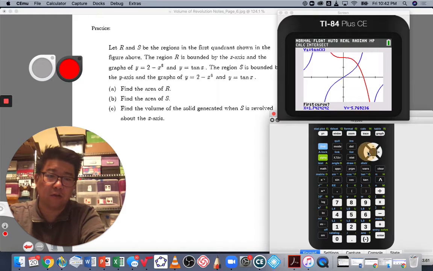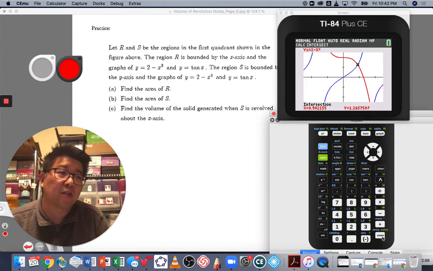If you just hit enter, pick the second graph, you can move up and down to change between the graphs. In this case, we're just going to keep it with 1, and then you hit enter. It's going to give us our points of intersection.